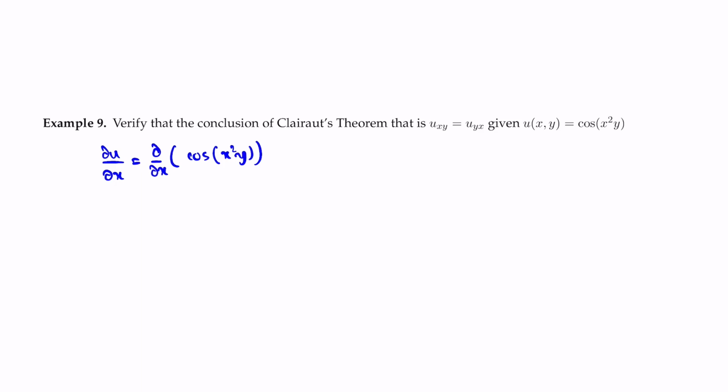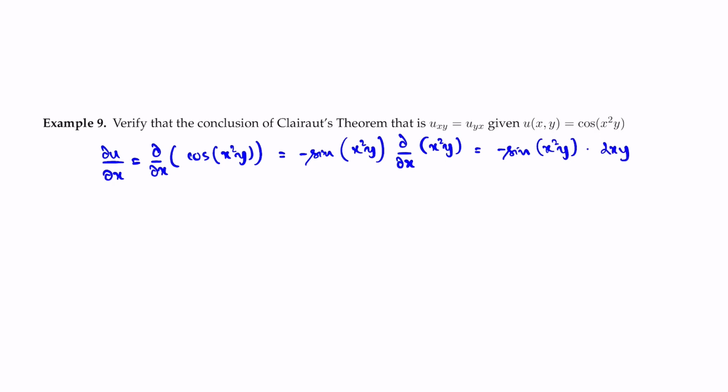But when you take the derivative of the function with respect to x, y is a constant. So you take the derivative of the outside function and you get negative sine of x squared y, multiplied with the partial derivative of the term x squared y with respect to x. So this is the derivative of the inside function. So you get negative sine of x squared y times 2xy.